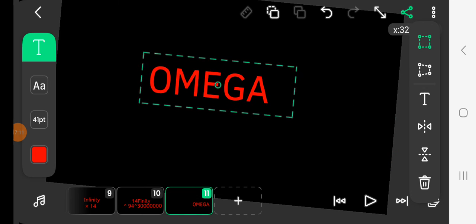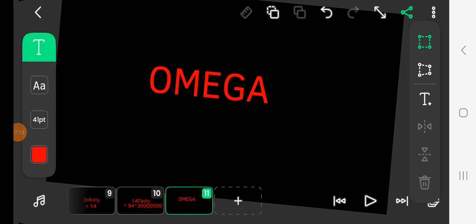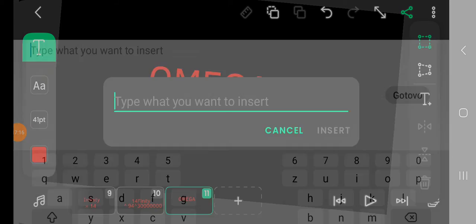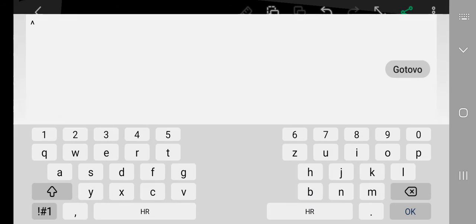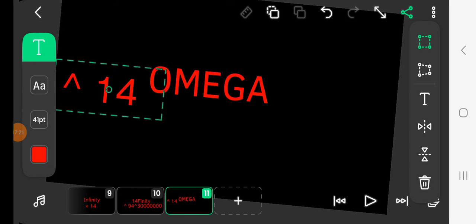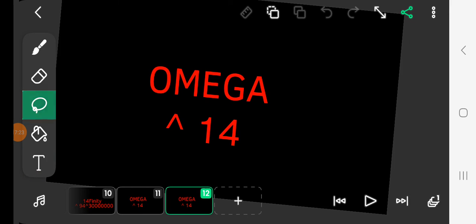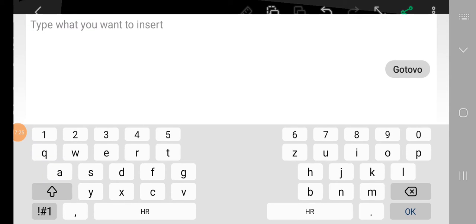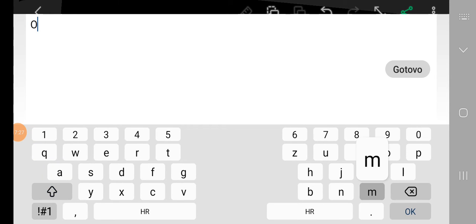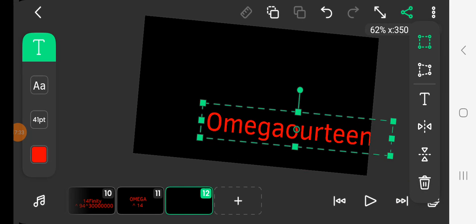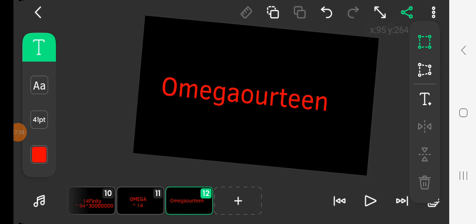Yes, that gives us omega, I think. And omega to the power of 14 literally gives us a total number of maybe omega 18. Yes, maybe that big.